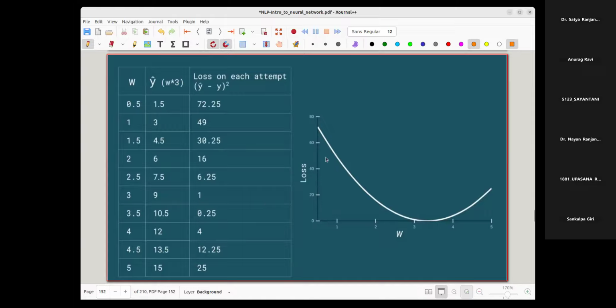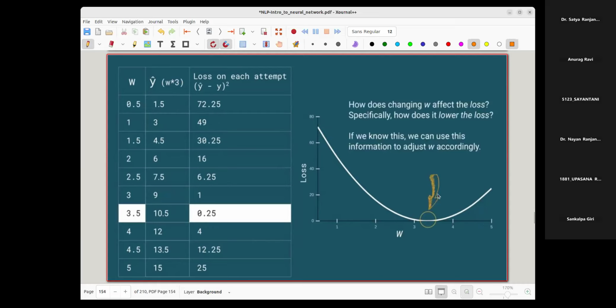When you plot W versus loss, you will get this curve. Okay, and where is it minimum? So this is the minimum at 3.5. That means we have to find this point of W where the loss is minimum within this curve, and that is nothing but an optimization problem. We have to optimize the loss function for what W this will be minimum.